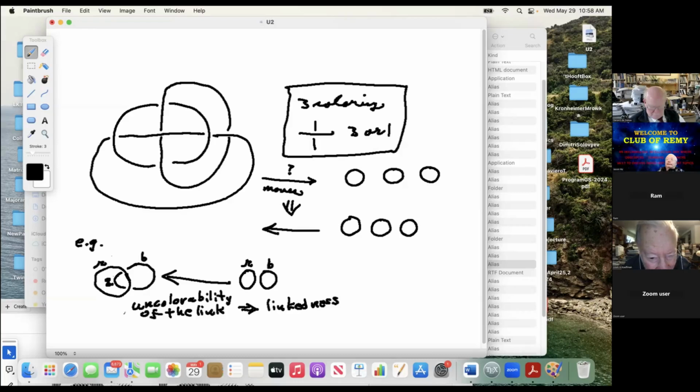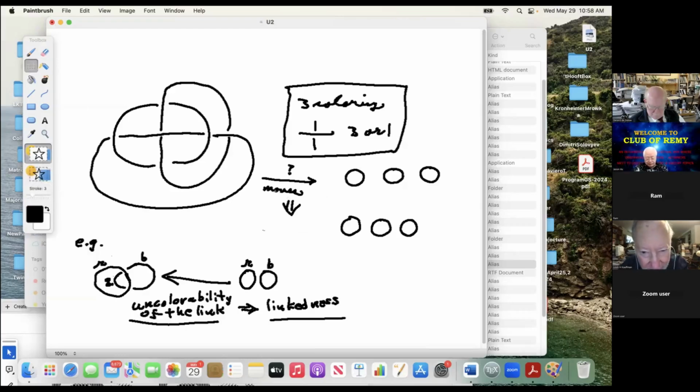So for links, it's a kind of an inverse of what we had before. If you could show that you cannot color this Borromean rings with three colors, then it couldn't possibly have come from an unlink.